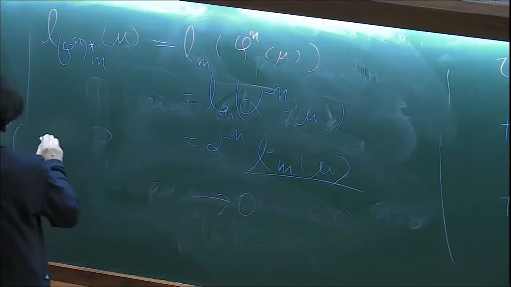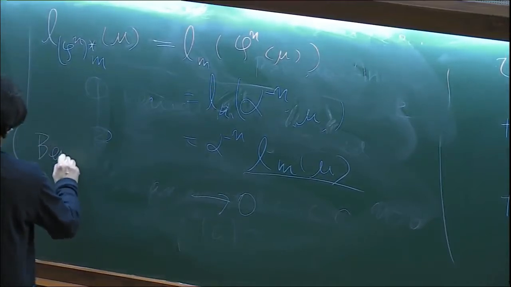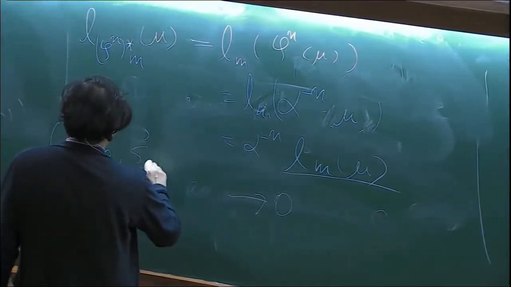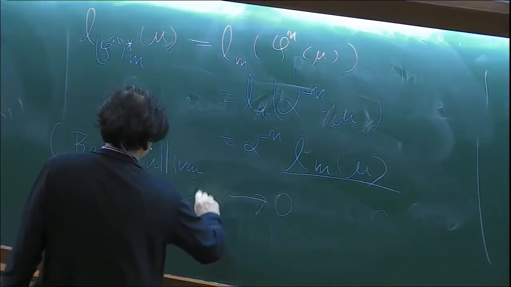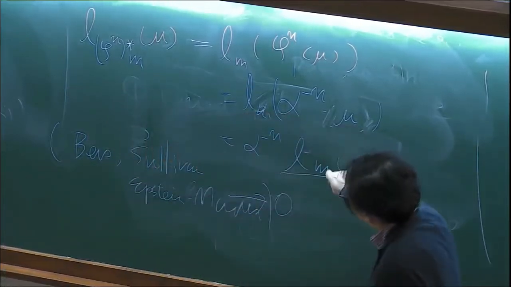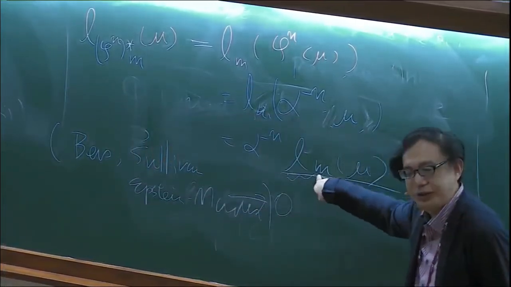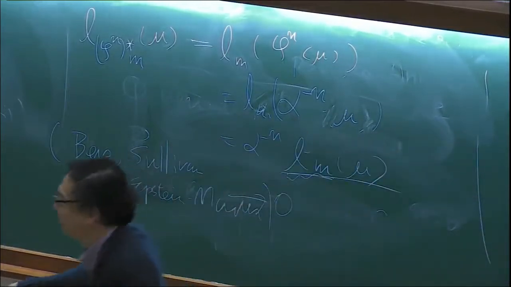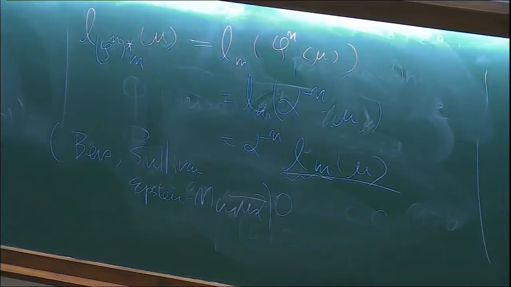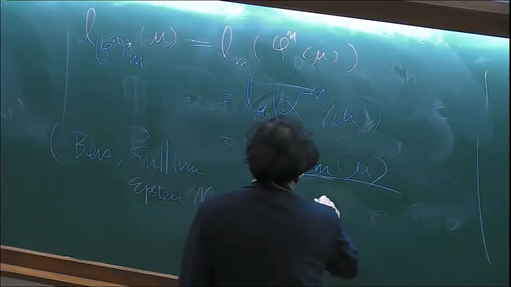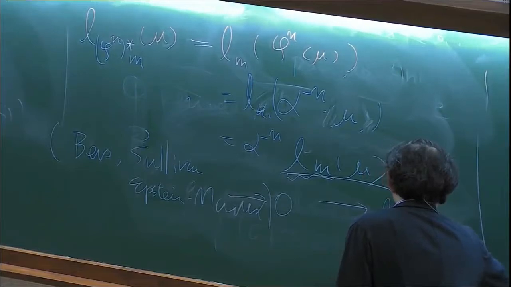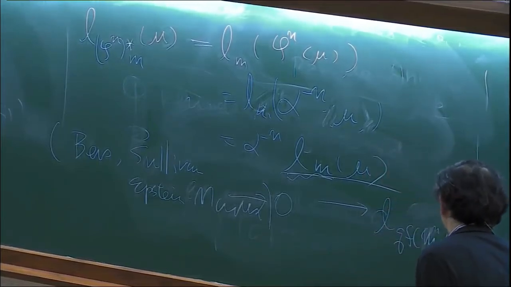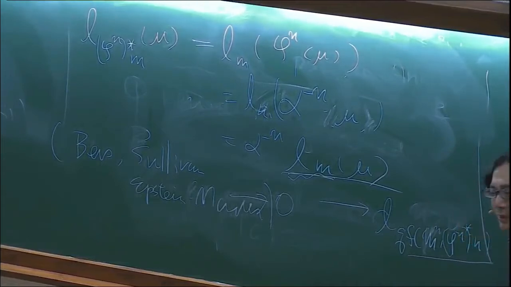Actually, there is a result by Bers, probably Sullivan, Epstein, Marden, which says the length here is comparable to the length inside the manifold. So you can say this implies QF of phi to the n applied to M, and this is the three-dimensional hyperbolic manifold.